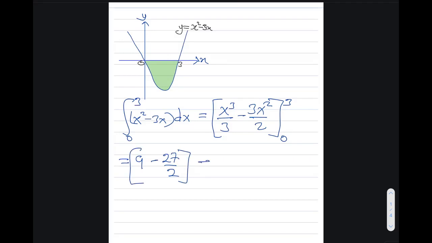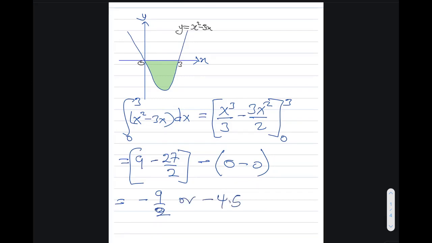Minus. As soon as you put 0 into any of these values, you should get 0. So we have 0 minus 0. We simplify what is here, and when we do that, we will get negative 9 over 2, or negative 4.5.